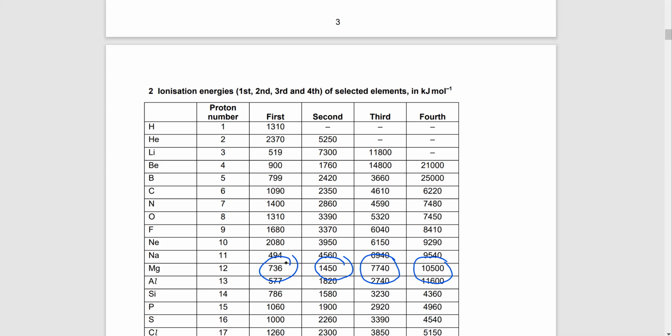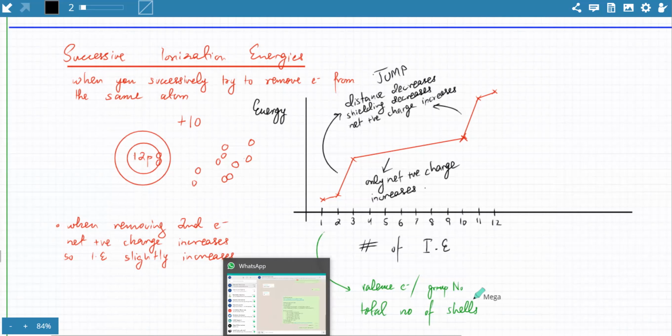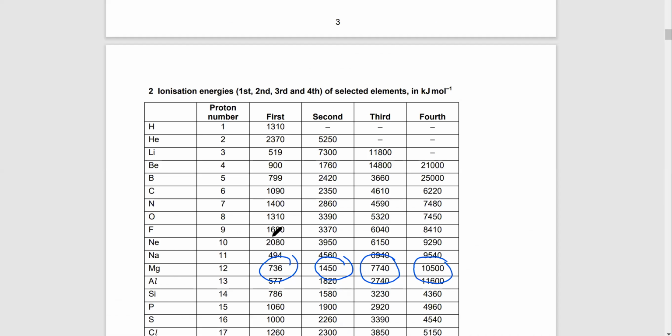If the graph is drawn, your eyes can clearly see where the jump is. The problem is that if a graph is not given, it would be slightly harder. If you're given random values like these, it's harder to see where the jump is.